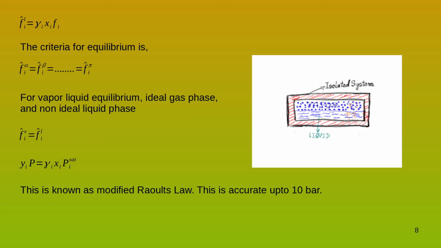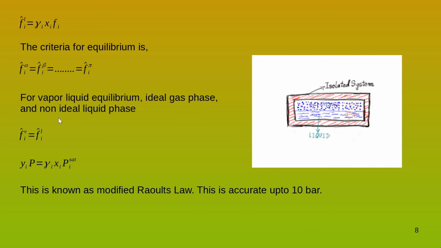If we take HF, that is hydrogen fluoride, which is very polar, has a very high dipole moment, and mix it with water, this becomes a highly non-ideal solution. Now, the vapor liquid equilibrium of such non-ideal solutions can be easily dealt with such equations up to 10 bar.